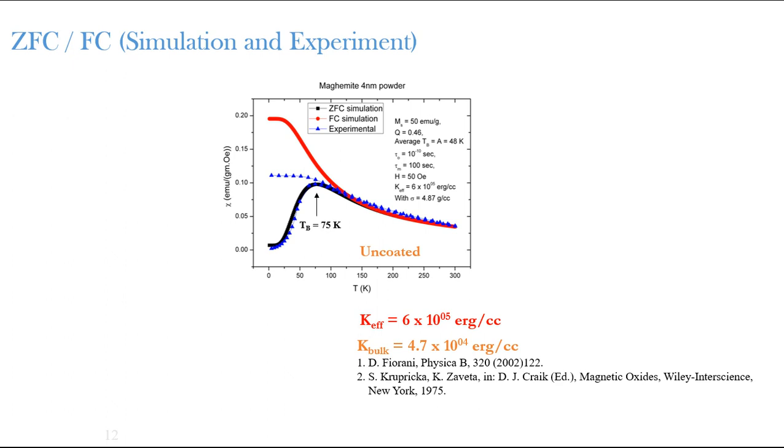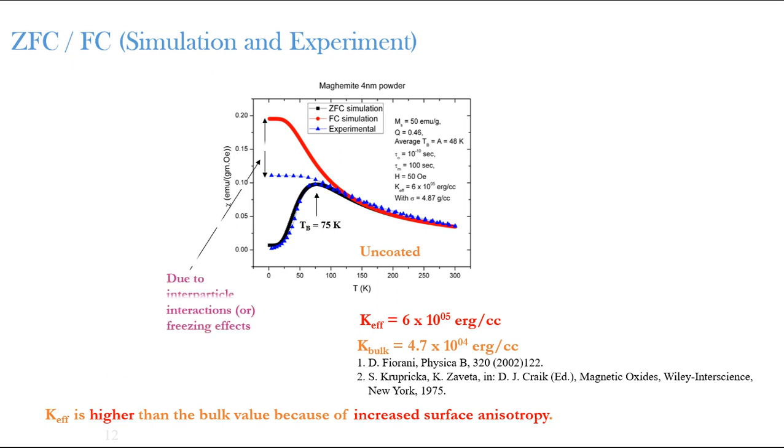So the effective anisotropy constant is usually equal to K bulk plus K surface, so we can find out the surface anisotropy. The effective anisotropy constant is higher than the bulk value because of the increased surface anisotropy.